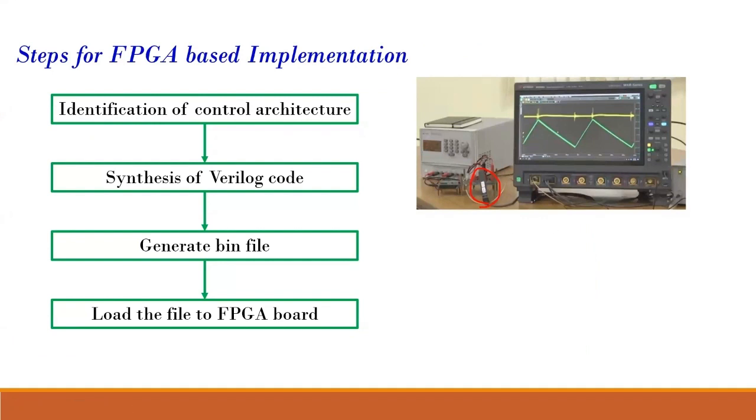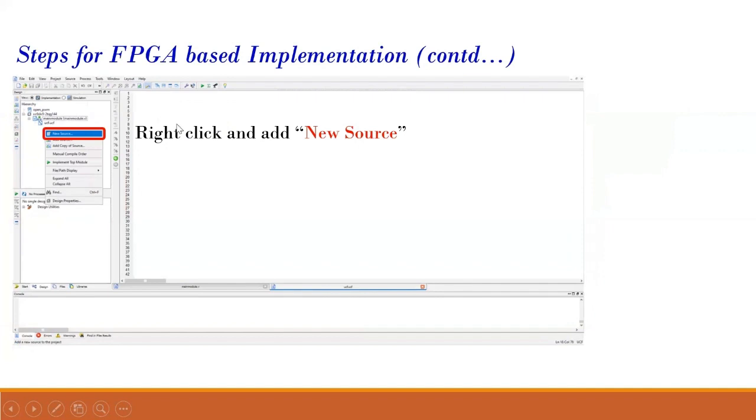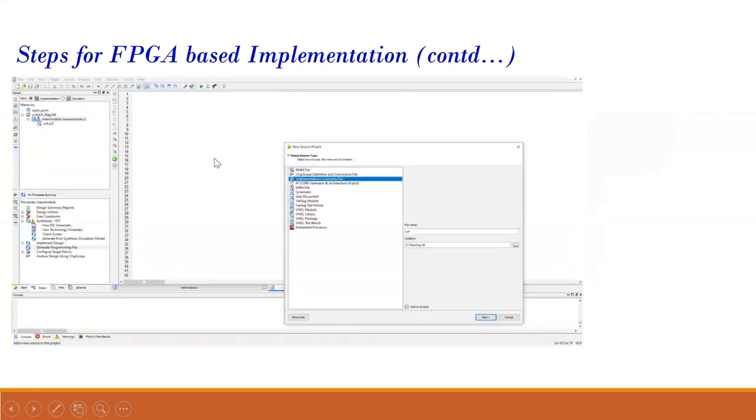Now this ISE designer software is there. You can install it, create a new project, and write the code over here. If you want to add a new module, you add a new source and add a new module. There's also a file known as a UCF file. It contains which pin of my FPGA gets mapped onto which terminal.